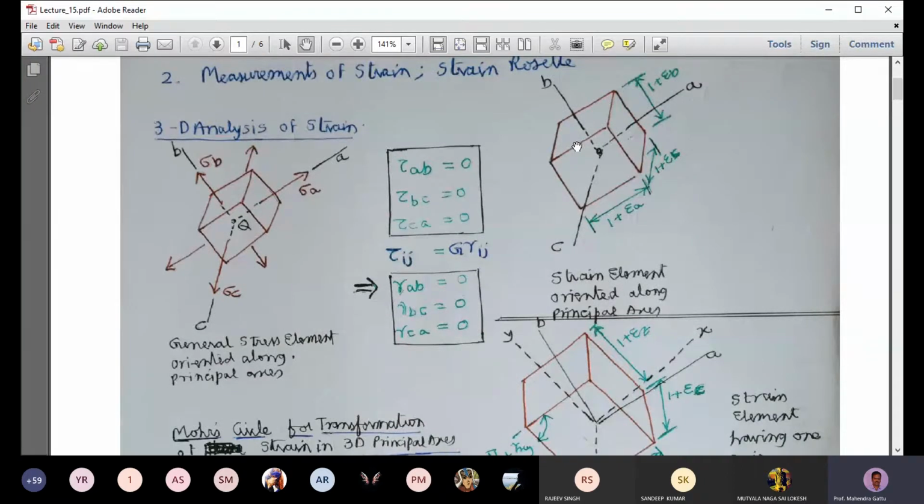Initially, this is a cube of side length 1, and because of the strains, the length of the cube has increased. Along the A direction, the increase is epsilon A times the undeformed length.